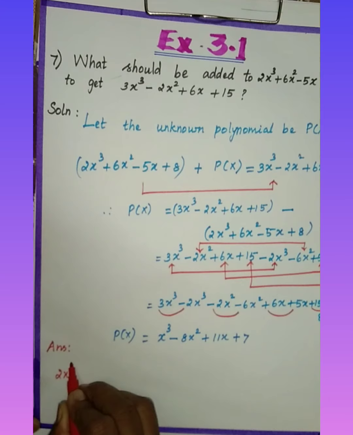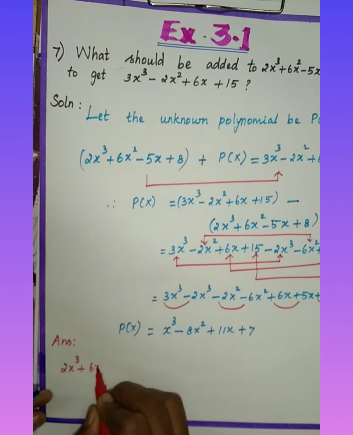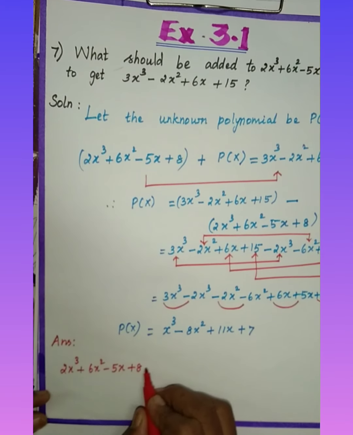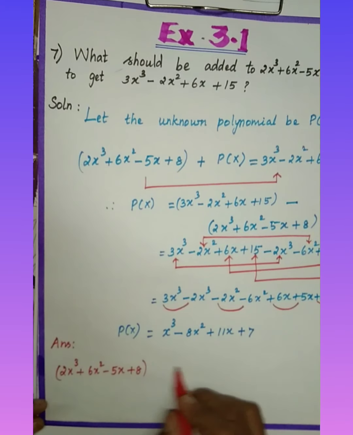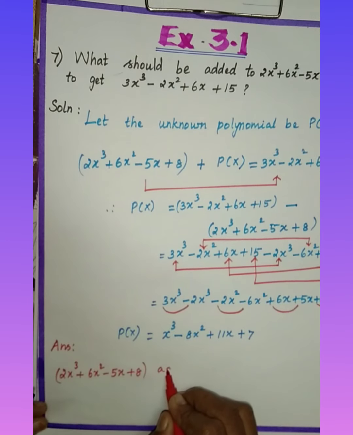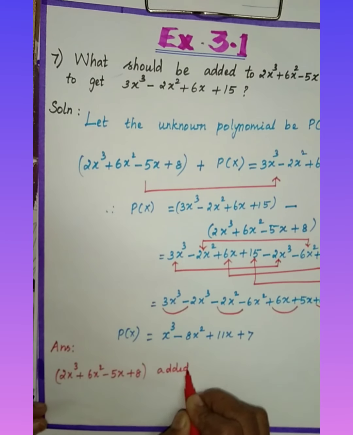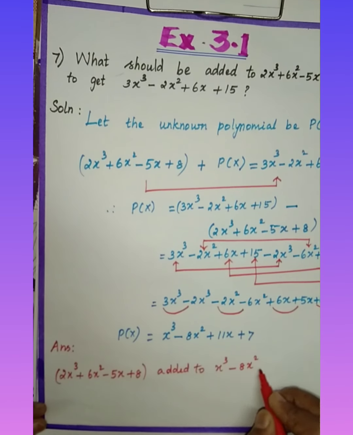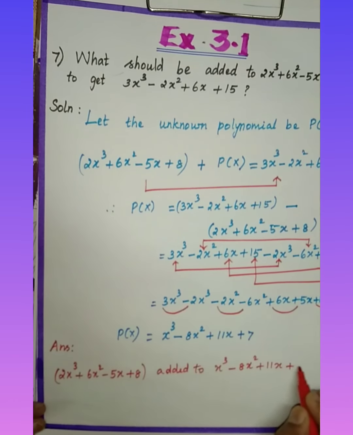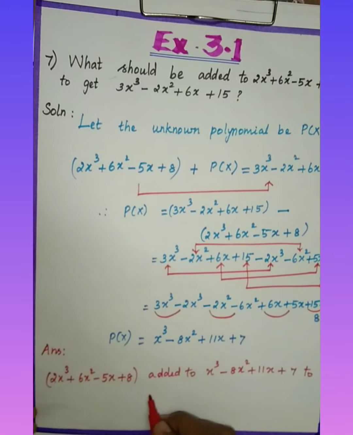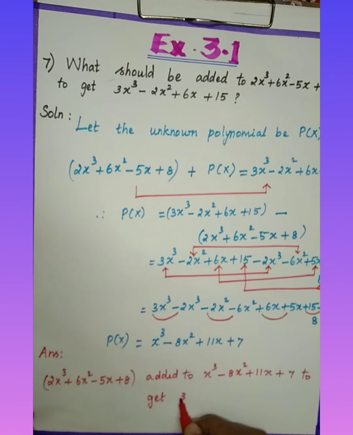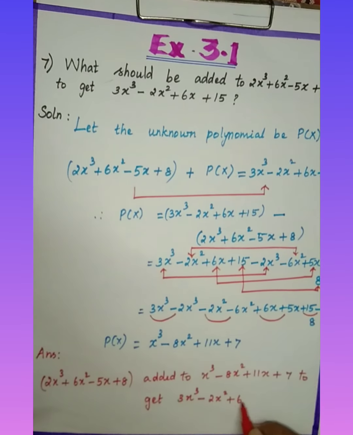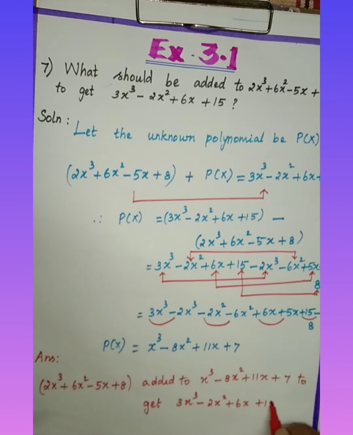2x power 3 plus 6x square minus 5x plus 8 added to x power 3 minus 8x square plus 11x plus 7 to get 3x power 3 minus 2x square plus 6x plus 15.